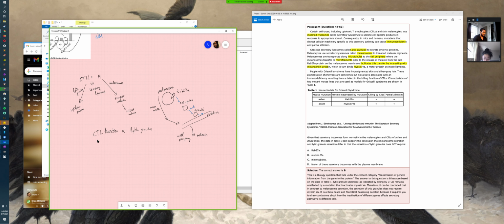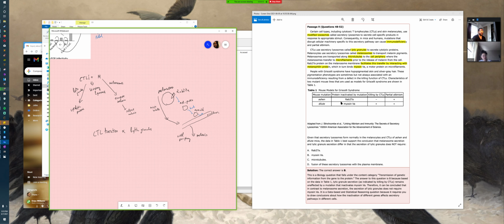So that's something that is required. Yeah, correct. With myosin VA inactivated, the CTL function is still there, so the lytic granules are still there.